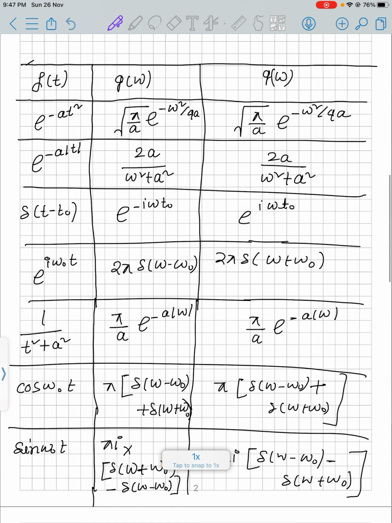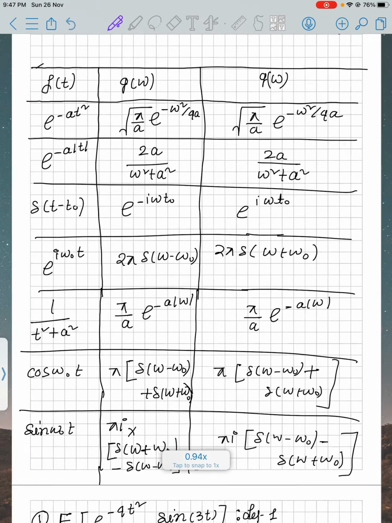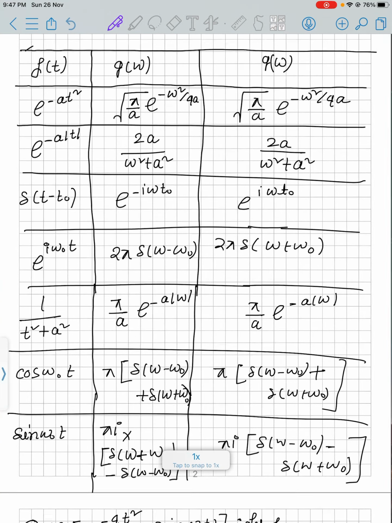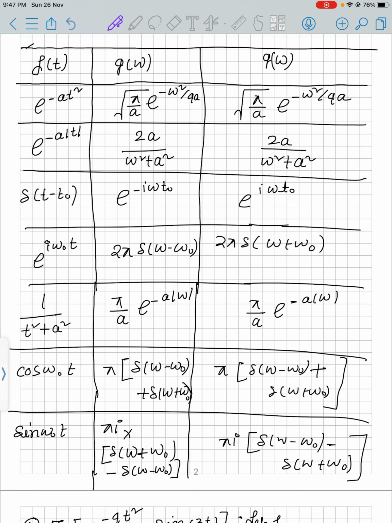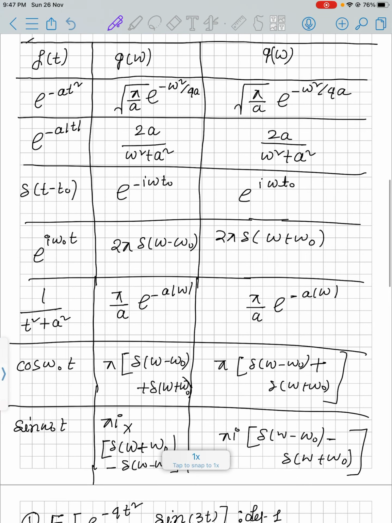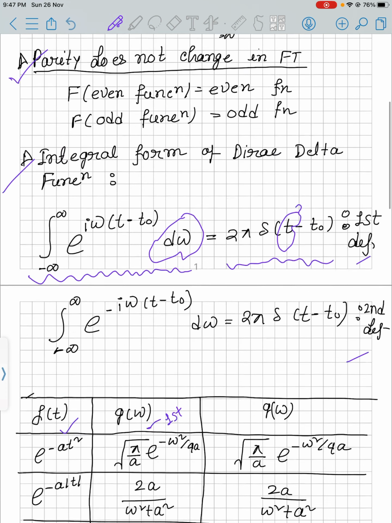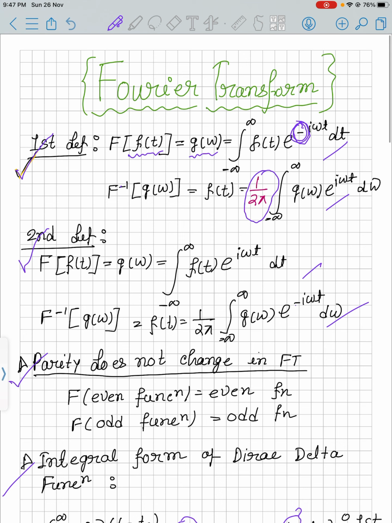Now you can see the table, which you can remember for easy calculation. Okay. So f(t) is the function, g(omega) is the Fourier transform of the function f(t), and this g(omega) is using the first definition. First definition is what? In the first definition we have used a minus sign in the Fourier transform of f(t).